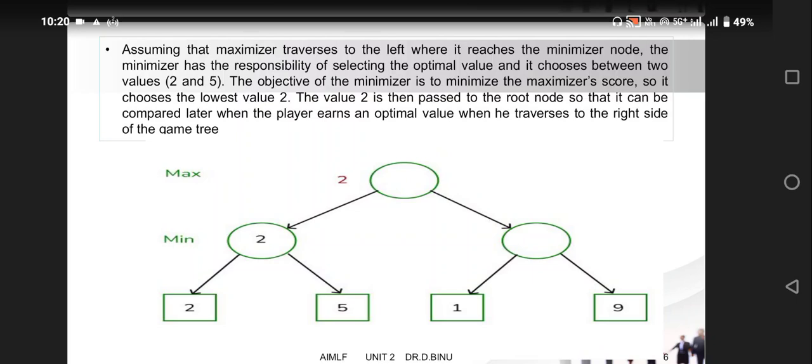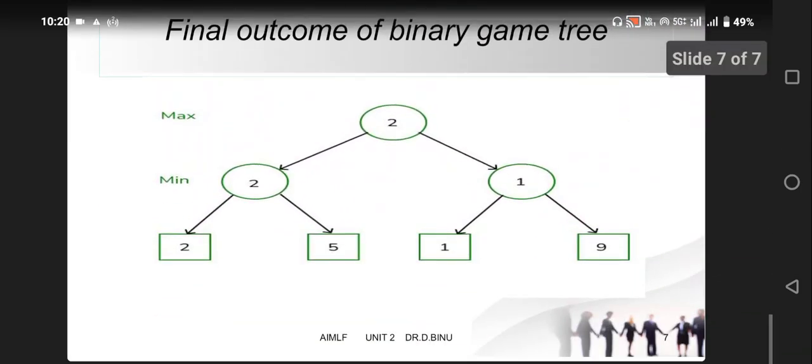Then again we have to compare and find the minimum of 1, 9, which we already know is 1. So we have to represent 1 in the second circle which is in the minimum position. Then the next layer is where we have to compare the maximum value of the two minimum values which we recently calculated.